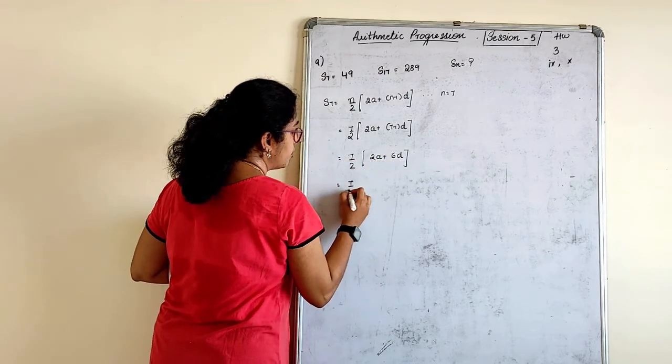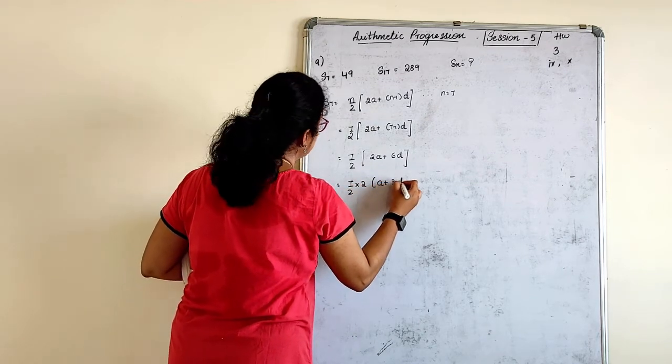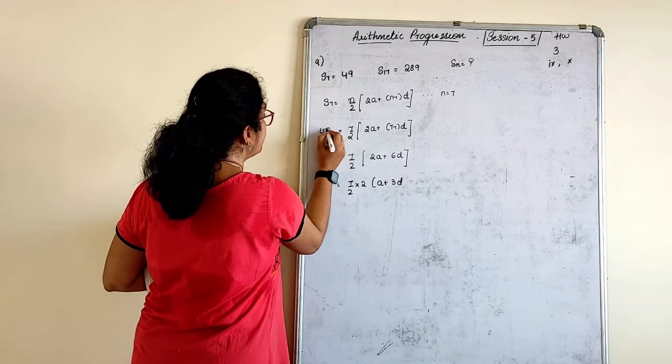Shall I take 2 common? A plus 3D. What is S7? 49.